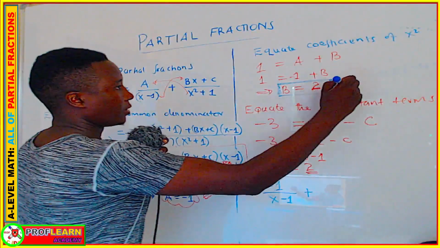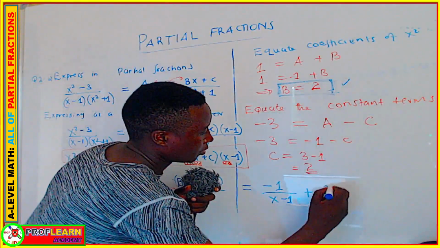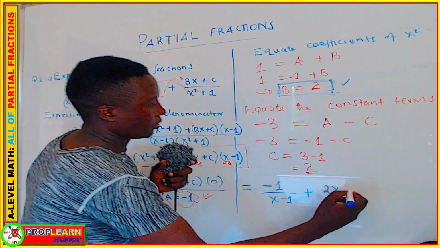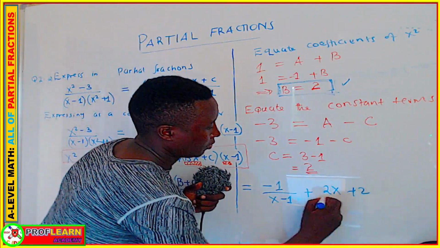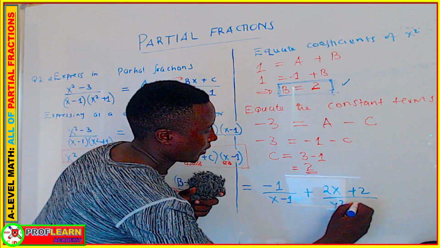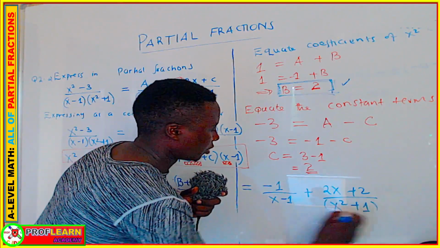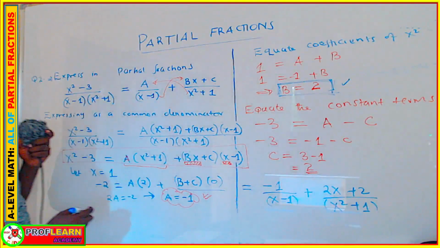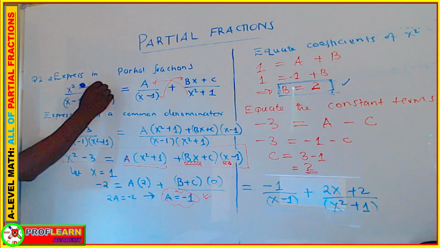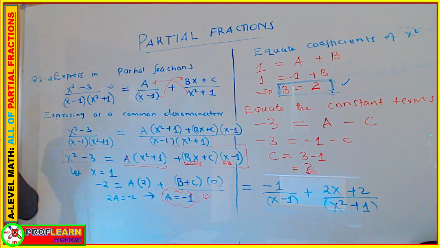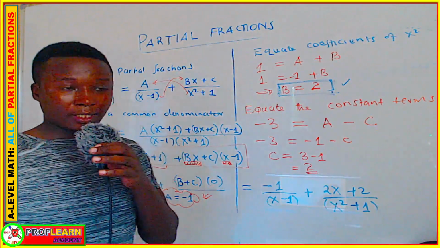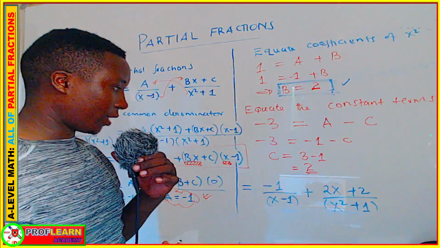Our b we got as 2, so it will be 2x, and our c we got as 2, plus 2 over x squared plus 1. So this fraction that we were originally given has now been expressed in partial fractions.